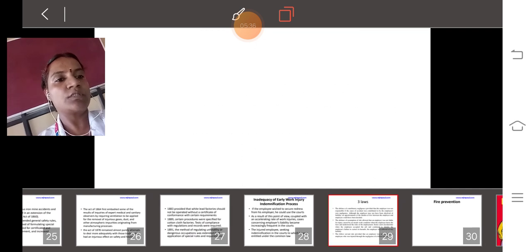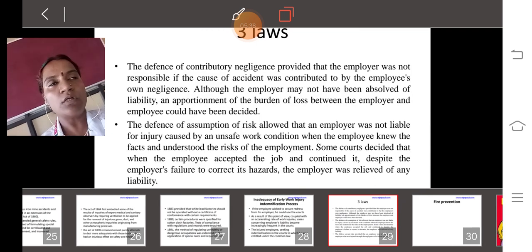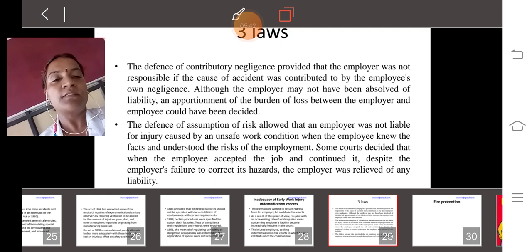Next, we are going to discuss 3 major laws which come under the concern of safety precautions, right? The first law says the employer was not responsible if the accident was contributed to by the employee's own negligence.